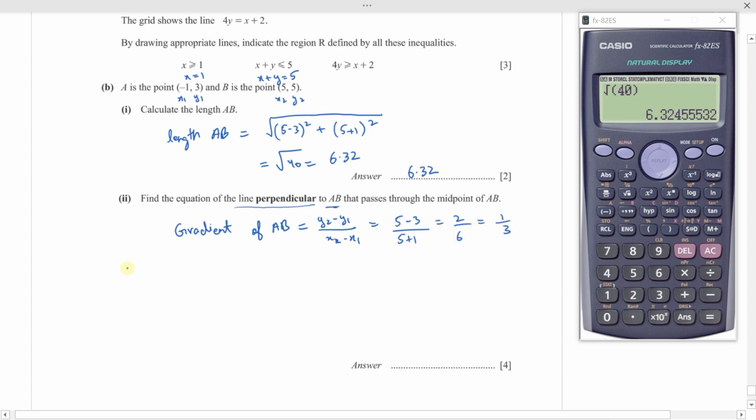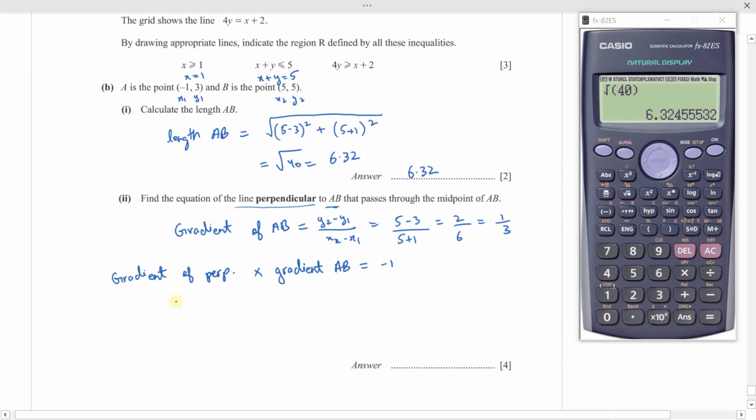Let's call this the gradient of perpendicular. Gradient of perpendicular multiplied by gradient of AB should equal -1, because we have learned the property that if you multiply the gradient of a line with its perpendicular line, the product is -1.